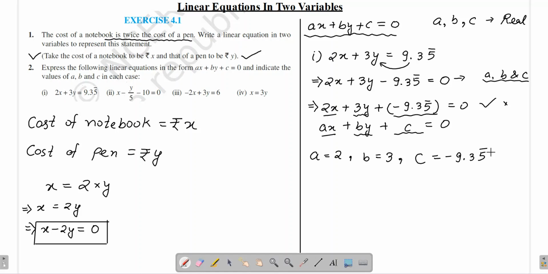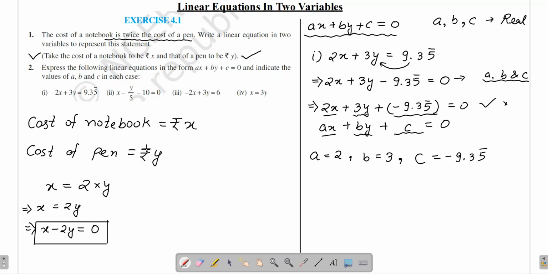So this is how we can find out the values of a, b and c from the given equation after writing it in standard form. I hope this must be clear to everyone. I'll take one more example.